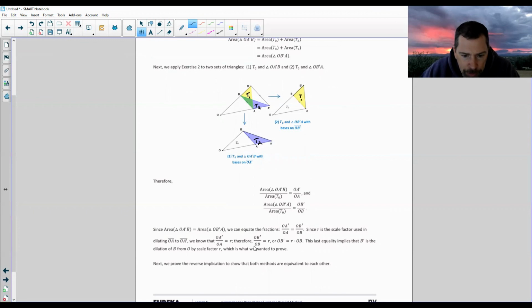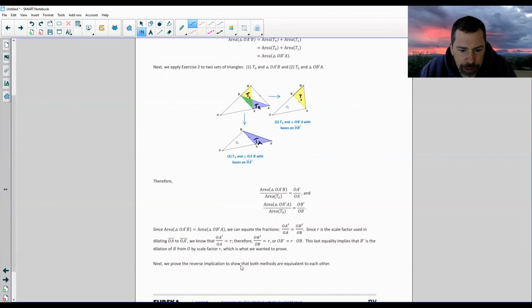So what they did here was they multiplied both sides by the denominator, a little algebra trick there. And that's how they got OB prime equals R times OB. This last equality implies that B prime is the dilation of B from O by a scale factor R, which is what we wanted to prove.